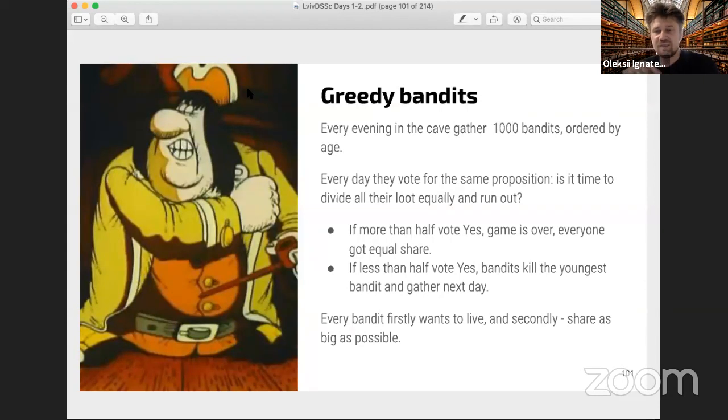So this game will surely end before the last bandit dies, because every day it's either finished or the number of bandits is reduced by 1. Every bandit firstly wants to live and secondly wants a share as big as possible. And this game can also be solved using games in extensive form. But okay.